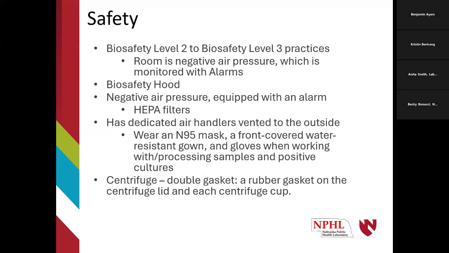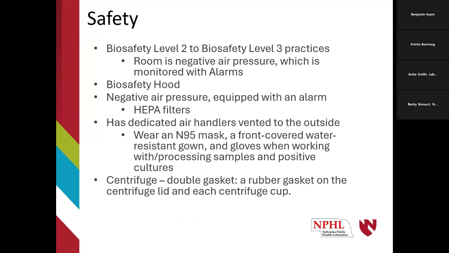We always wear N95 masks when we are processing specimens, when we are working with positives. We also wear a front covered water resistant gown, of course, gloves. Now, getting back to the centrifuge, it's double gasket.